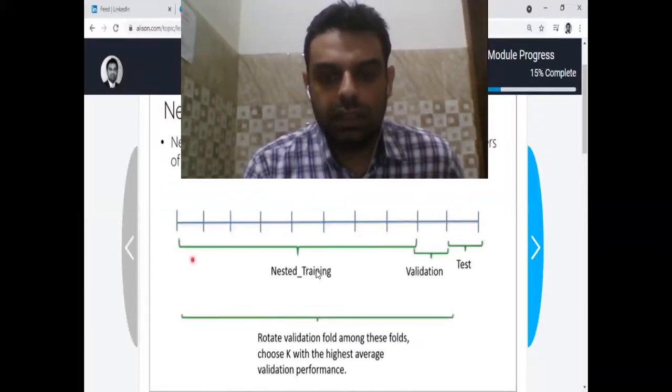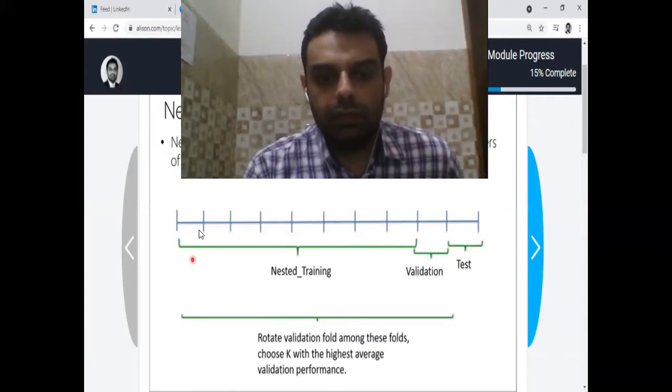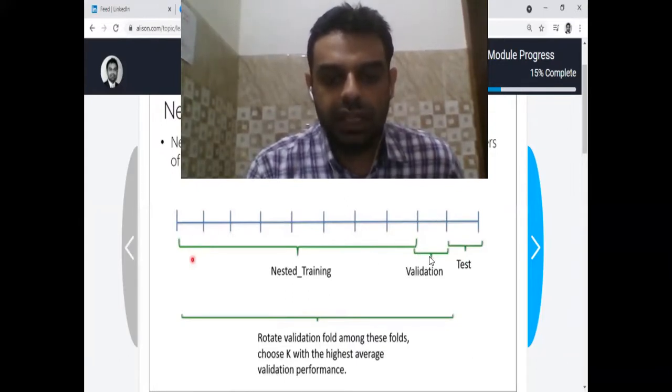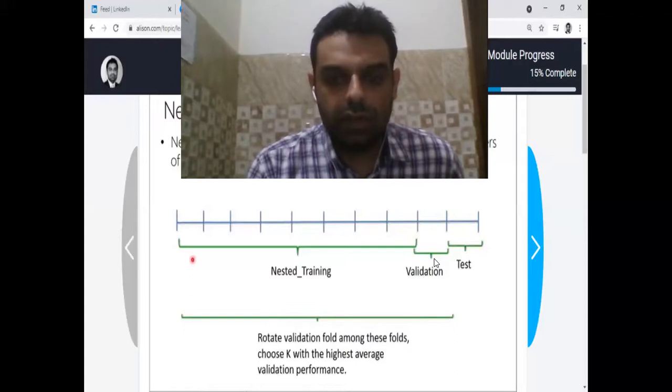So here is the division of the data set. We again divide the data set into 10 folds. One is the test fold, and among the 9 training folds, we choose one as validation fold. We keep rotating the validation fold among these folds. The validation fold keeps on moving until we choose the k with the highest average validation performance.